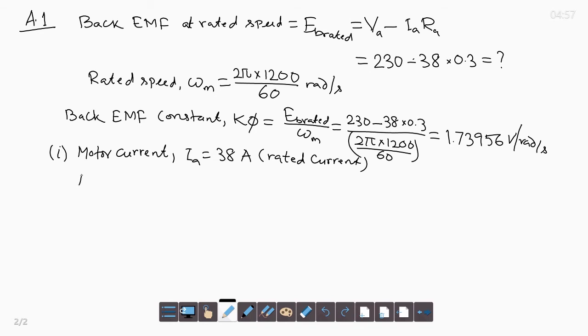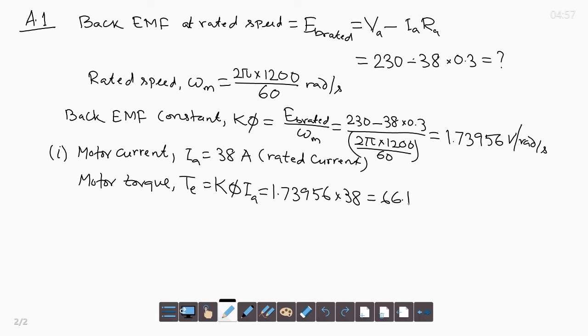So, motor torque TE equals K phi IA. K phi is the same as the back EMF constant, 1.73956 into 38. You compute it, it is coming around 66.1 Newton meter.